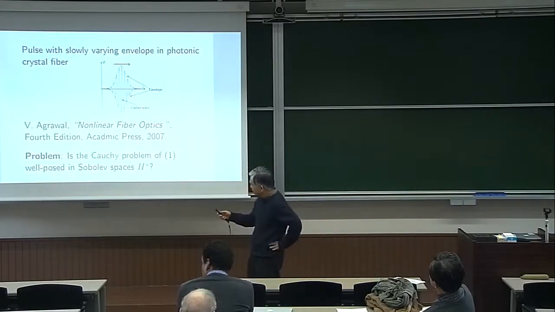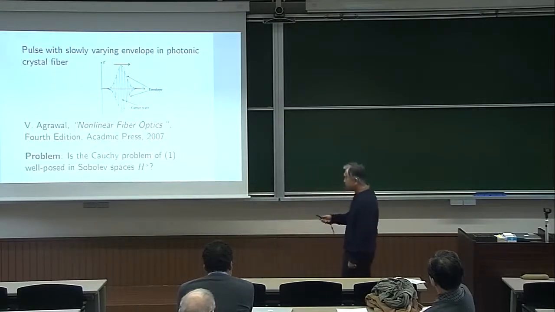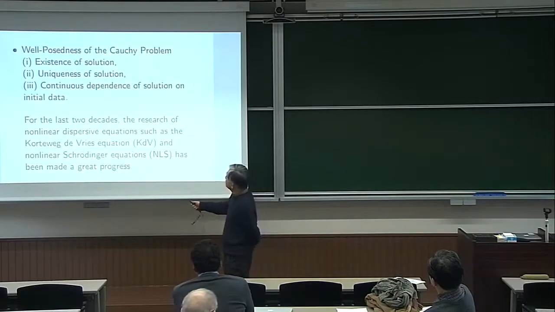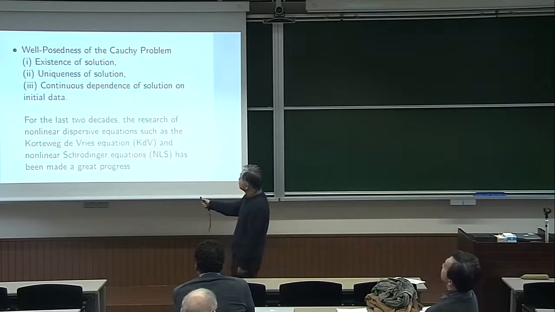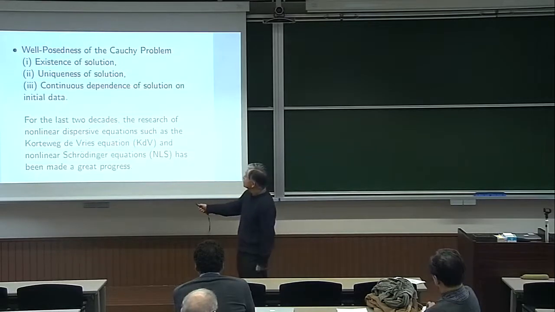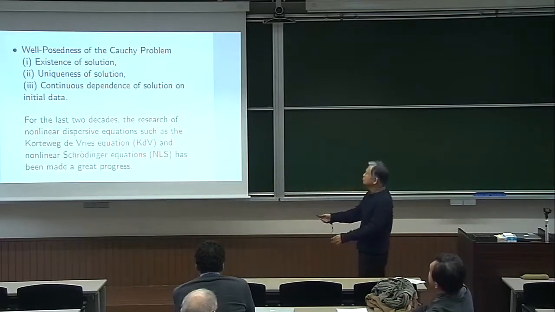Now my problem, this is a mathematical problem, is: is the Cauchy problem of equation 1 well posed in Sobolev spaces H^s? So what is well-posedness? The well-posedness of the Cauchy problem consists of the following 3 notions. First, the existence of solution, so local existence or global existence, depending on the problem.